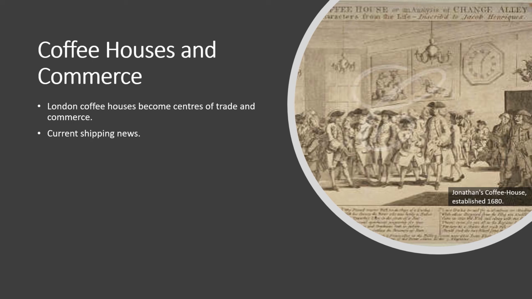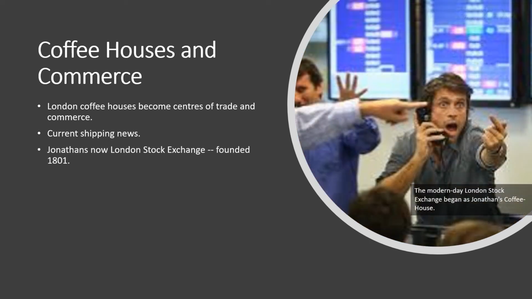One coffee house in particular, Jonathan's Coffee House, which was established in 1680. You see a picture of Jonathan's Coffee House there. It became super important. Over time, Jonathan's Coffee House had to keep expanding, and they didn't have enough space for everybody. And eventually, they moved into some new digs and renamed themselves the London Stock Exchange in 1801. So that's right.